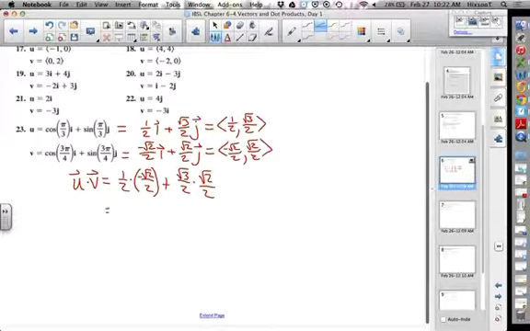Okay, so it would be negative root 2 over 4 plus root 6 over 4, which you could write then as root 6 minus root 2 all over 4. And that's as simple as you can get it without going to decimals.